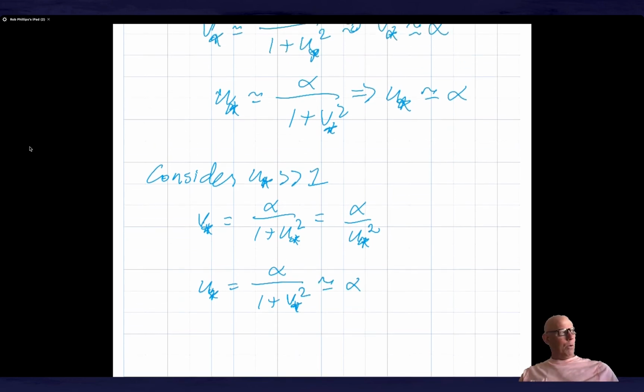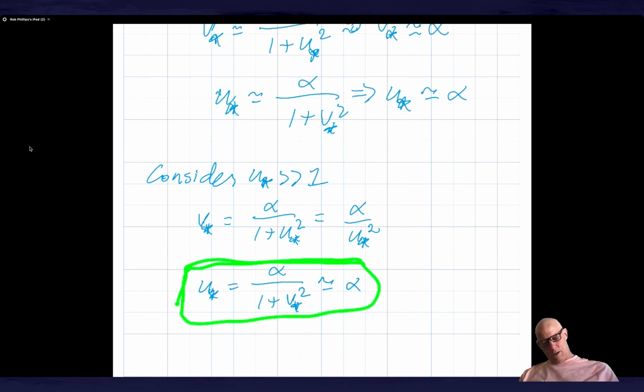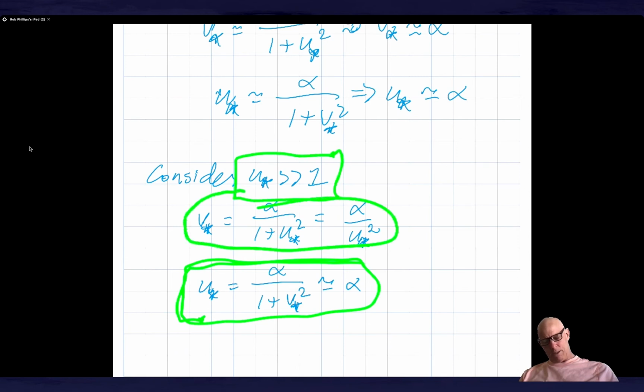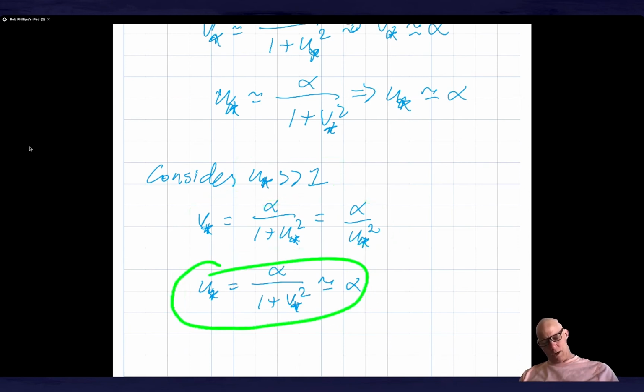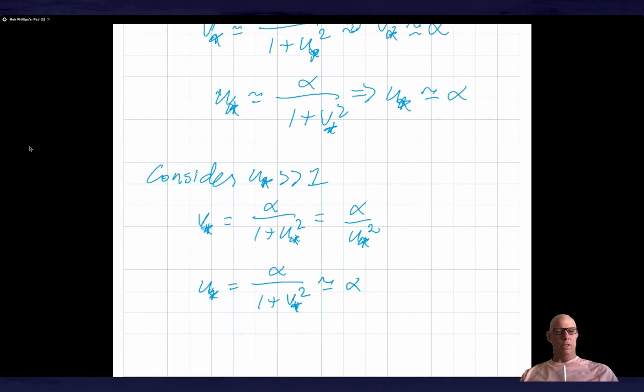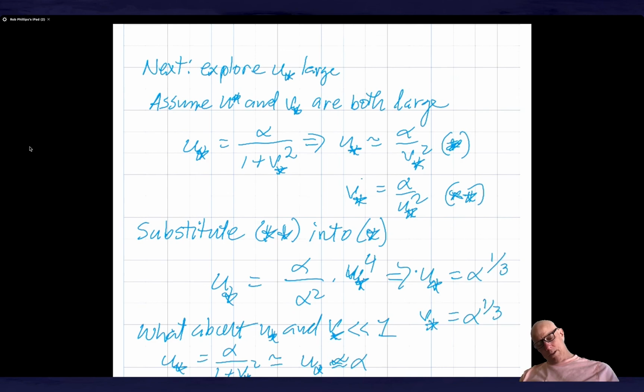And so what we've found is a contradiction, because by following the path of assuming that u star is big, that led us to this result, and then when we compute u star, what we find is that it's of order alpha, which is small. That's a contradiction.